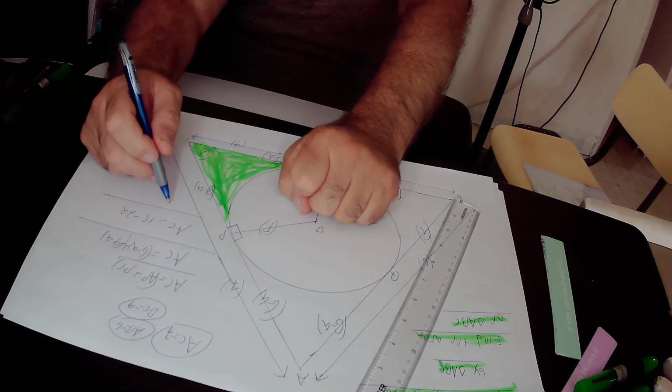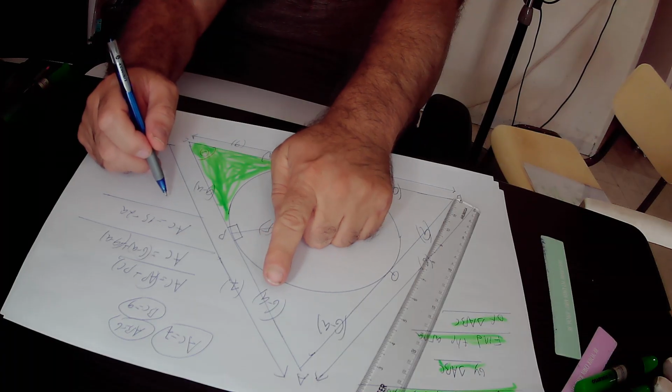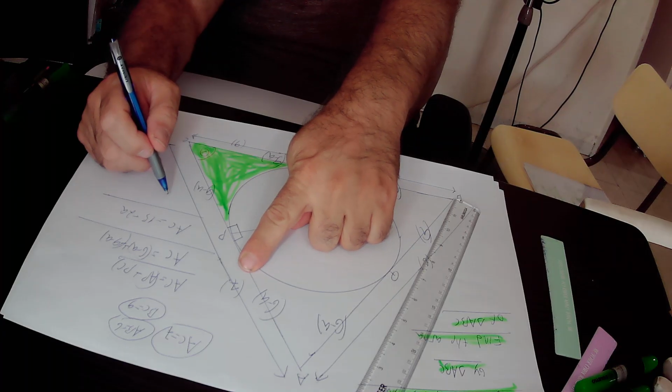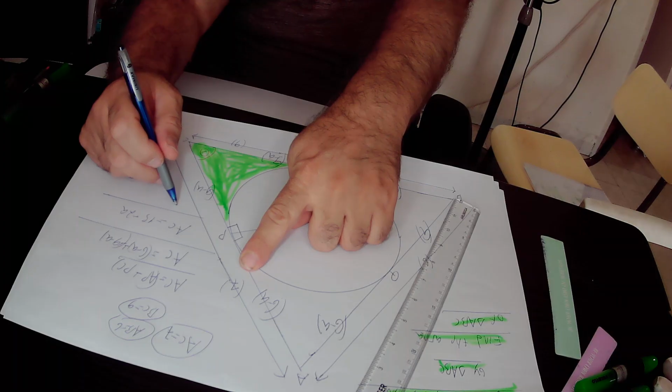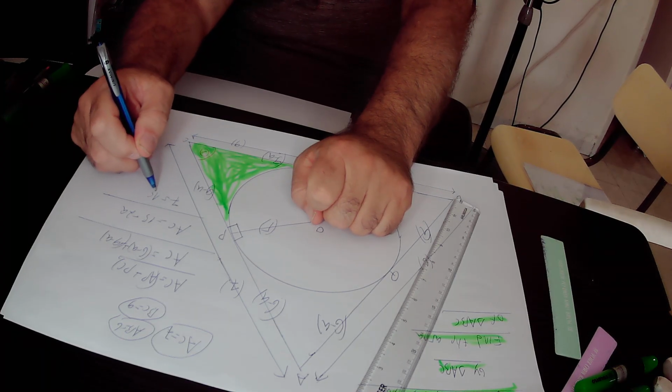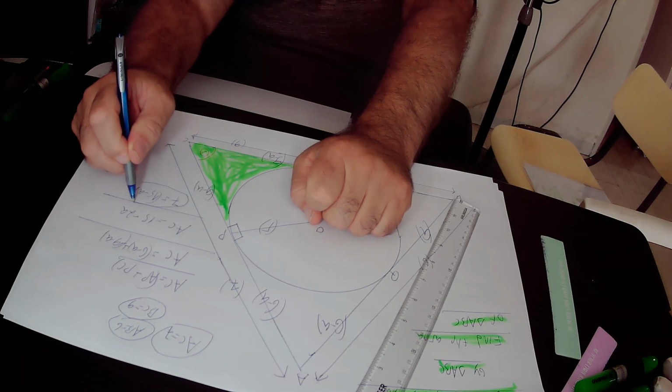According to what is given in the question, AC equals 7 units, so we substitute AC by 7 and we get 7 equals 15 minus 2a.